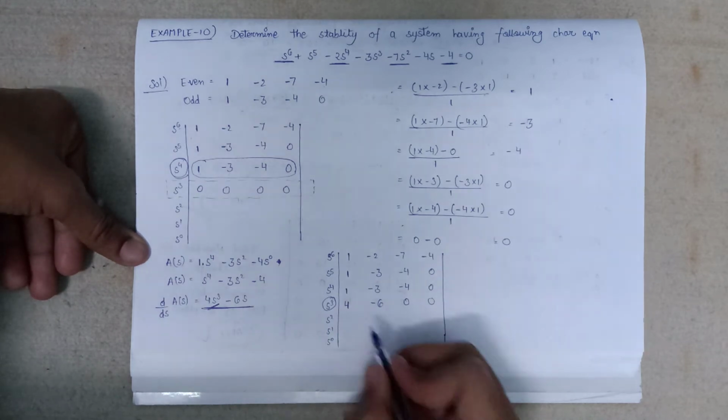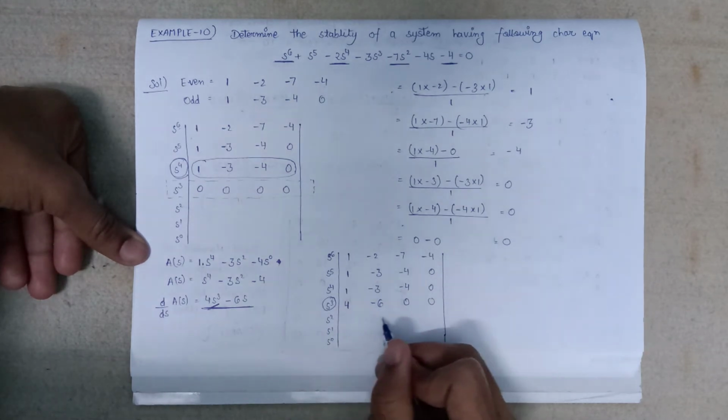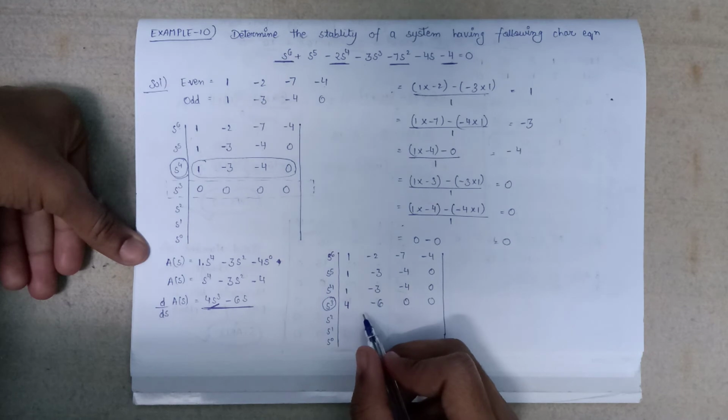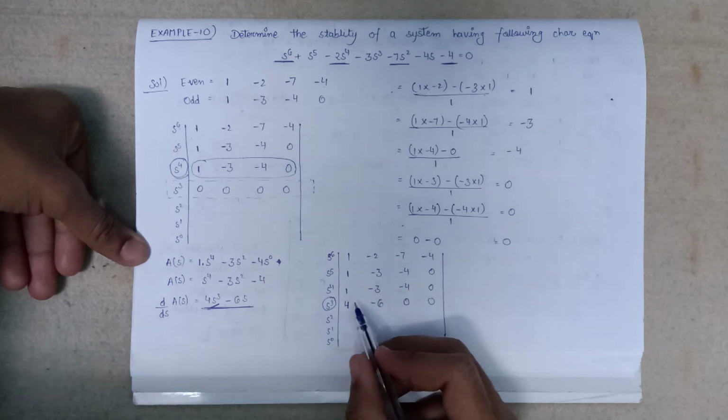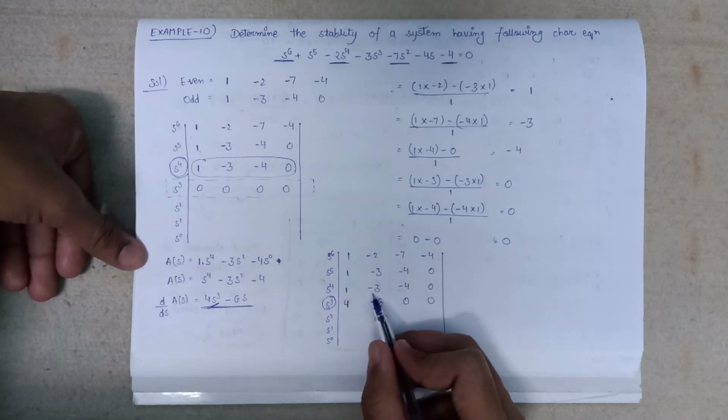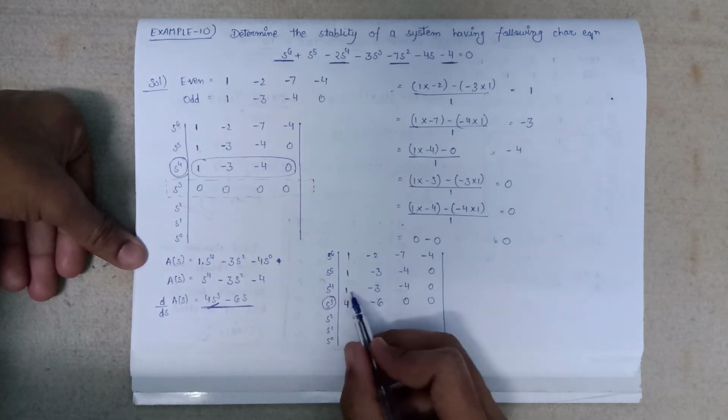Then we fill all the entries with the help of cross multiplication. Similarly, 4 is multiplied with -3, -6 is multiplied with 1, and the whole term is divided by 4.